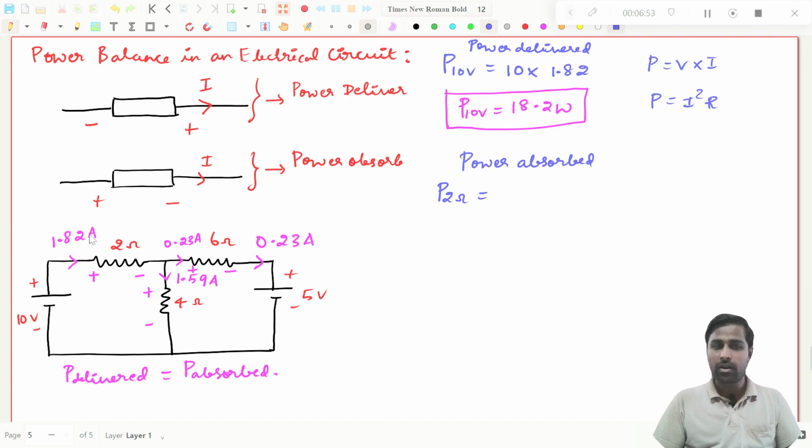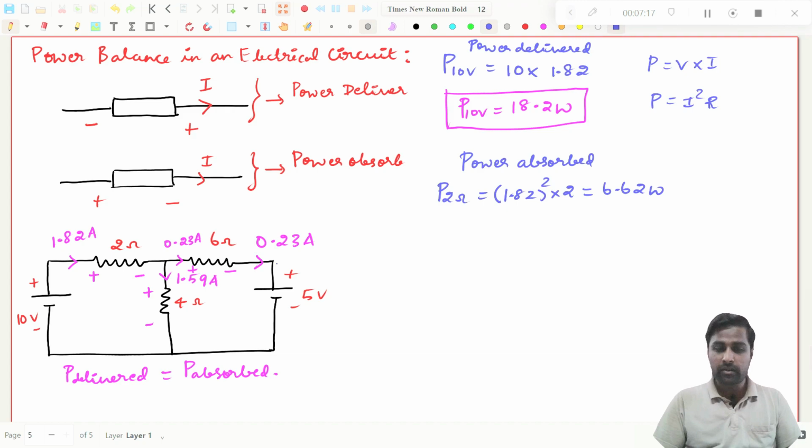Since I have resistance and current, I use this formula, I square into R, right? So if I do so, what will I get? I square, 1.82 the whole square into 2 ohms. So if I solve this, I will get 6.62 watts. So for the next thing, I'm going for the 6 ohms resistor.